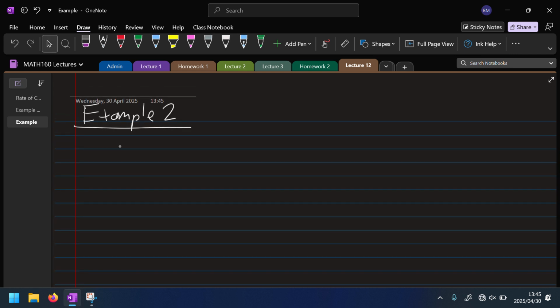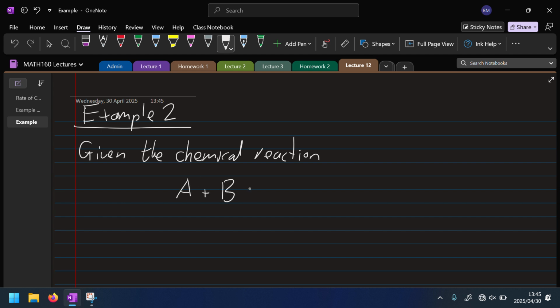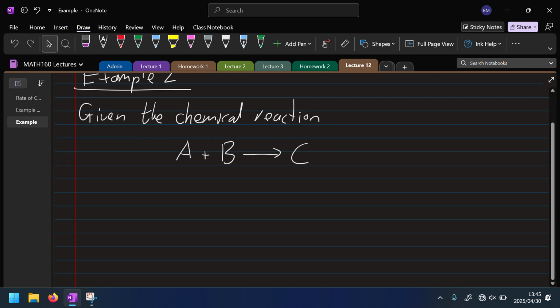Given the chemical reaction, A plus B makes C, whatever that is. So in chemical engineering, I know you're mixing stuff to get other stuff. What we're interested in is the rate of change of the stuff that we're making.